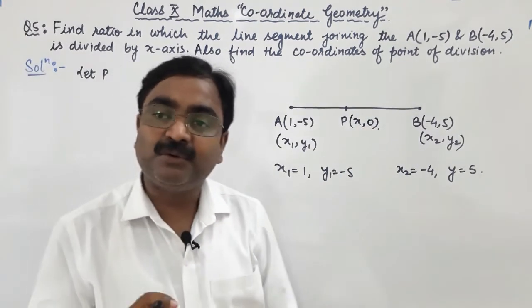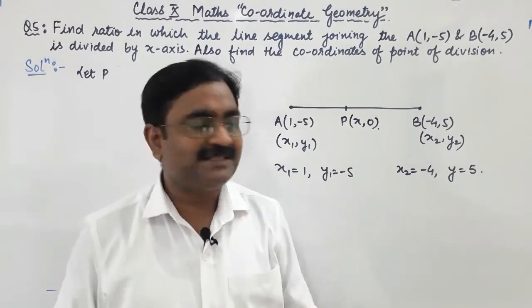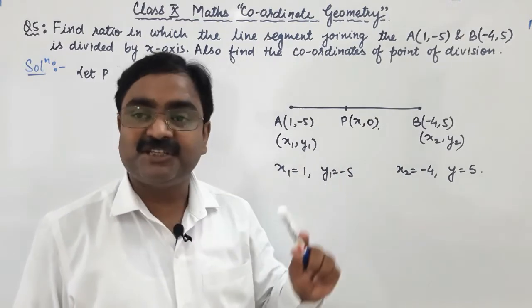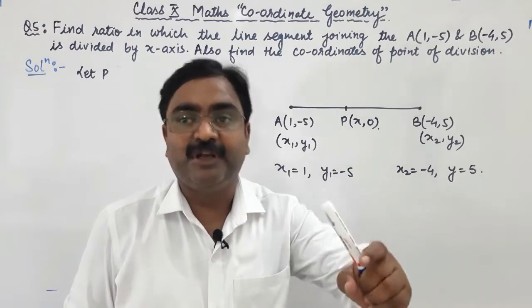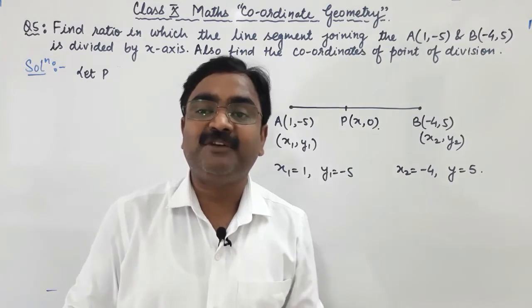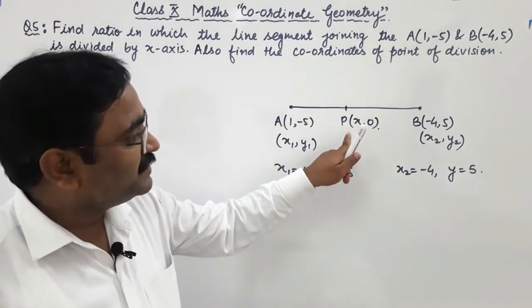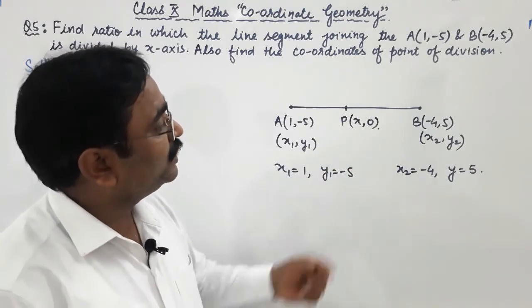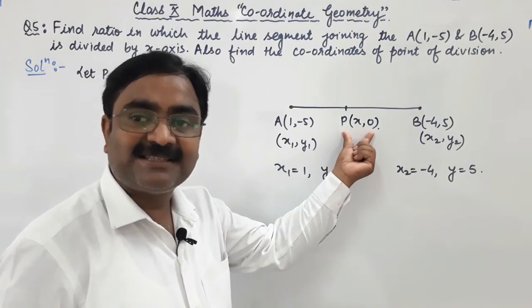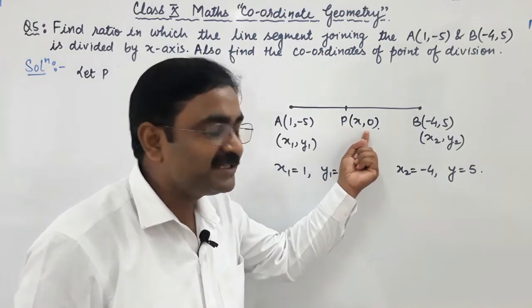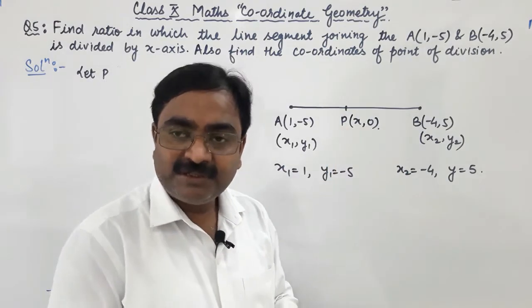When you take the coordinates of any point on the x-axis, there should be some value of x and the y coordinate will always be 0. So the coordinates of any point on the x-axis are in the form (x, 0), right?